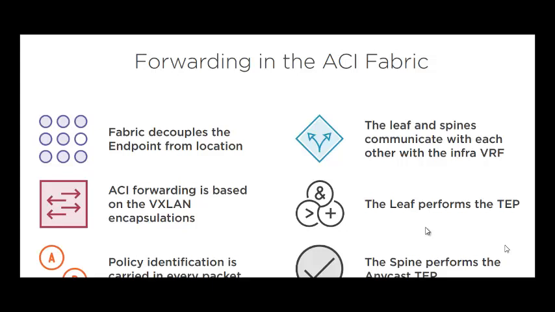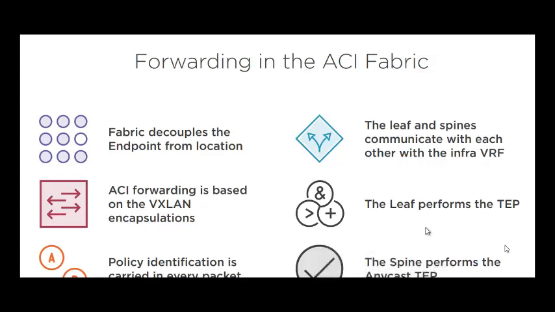Fabric decouples the endpoint from the location. ACI forwards based on the VXLAN encapsulation. ACI fully depends on VXLAN. That's why we did VXLAN as the first topic before entering into ACI.